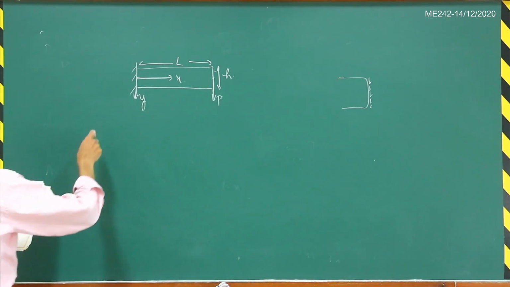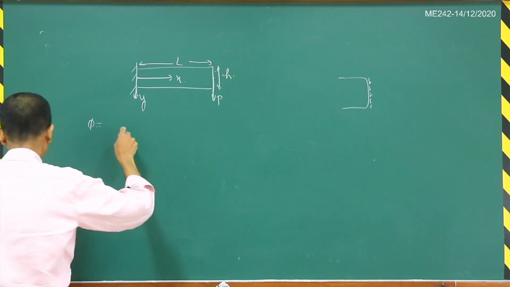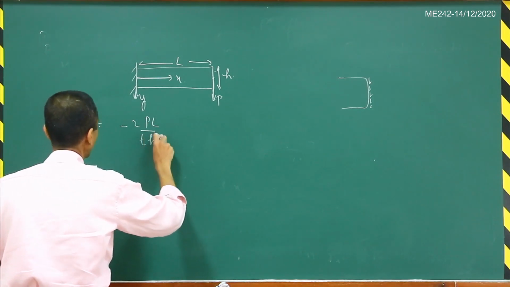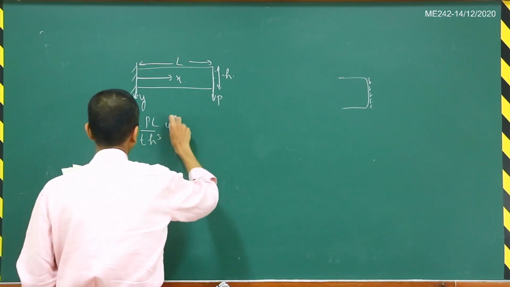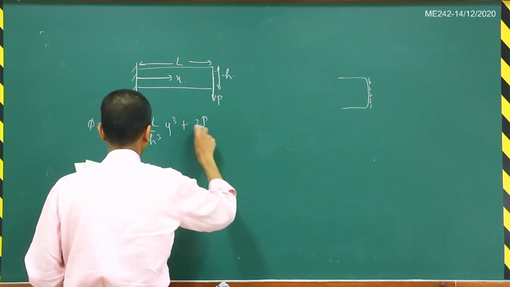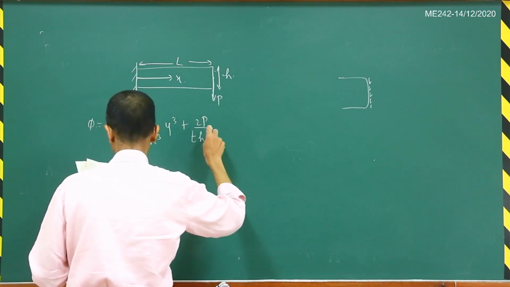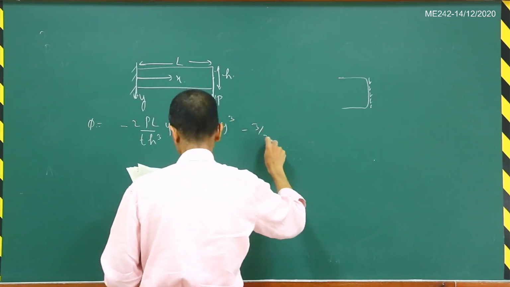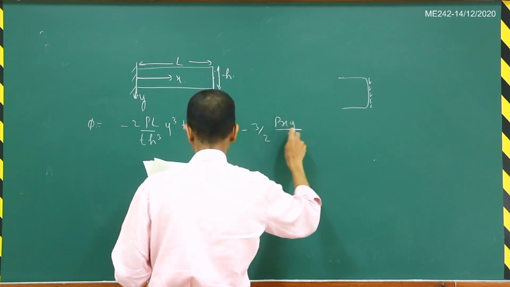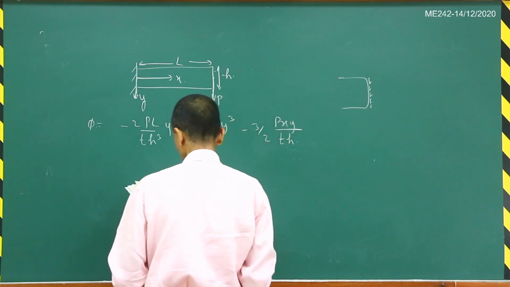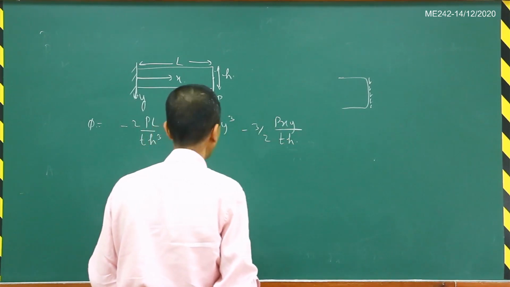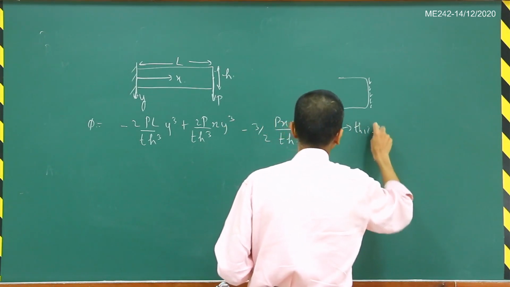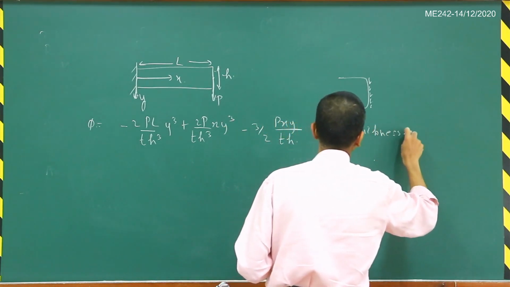So here let us write the Airy stress function as minus 2PL by T H cubed times y cubed, plus 2P divided by T H cubed times x y cubed, minus 3 by 2 times P times x y divided by T times h. Here this T is the thickness in the z direction, into the board.